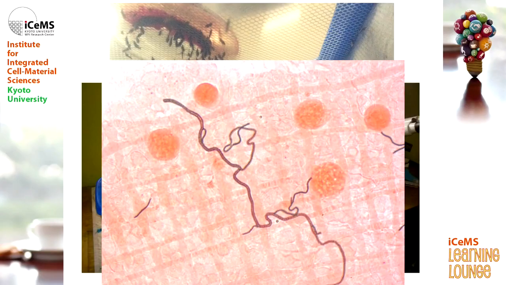Then we confirm malaria development inside of the mosquito. We dissect out the malaria from the midgut of a mosquito. Do you want to see? Okay. Yes. So the worm-like, rope-like structure is malaria, developing malaria.